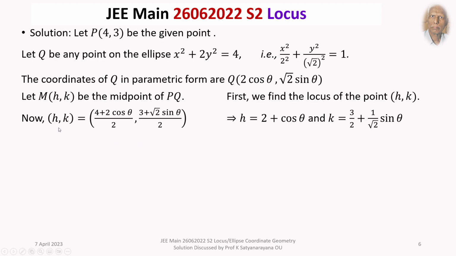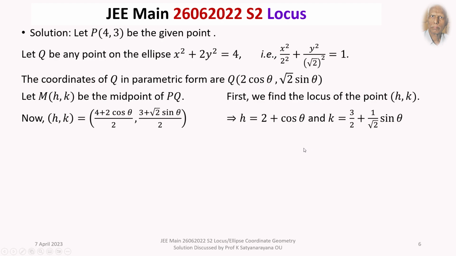These are two equal ordered pairs, therefore the corresponding entries are equal. So h is equal to (4 plus 2 cos theta) by 2, cancelling 2 in the numerator and denominator, we get h is equal to 2 plus cos theta, and k is equal to 3 by 2 plus 1 by root 2 sin theta.